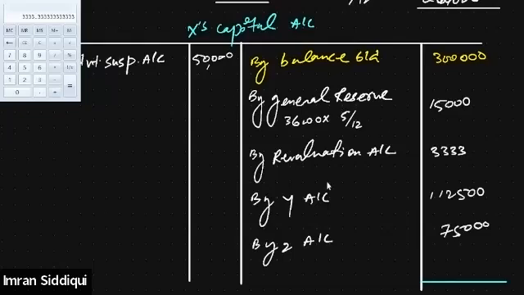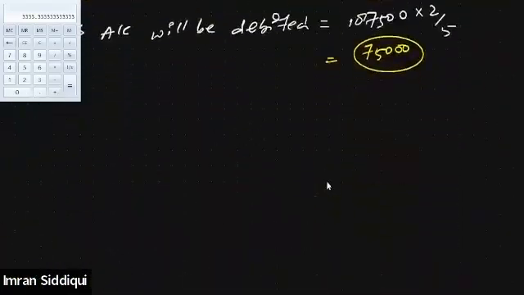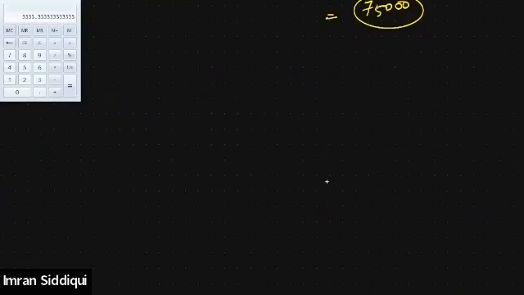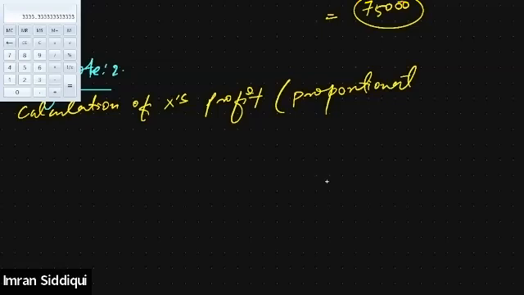Now we need to prepare one more working note regarding the calculation of profit. Working note number 2. We will calculate X's share of profit proportionately.